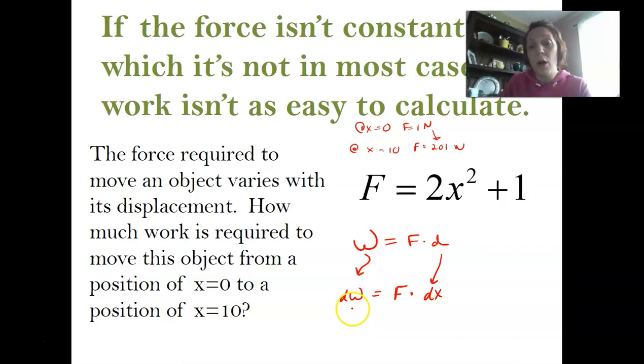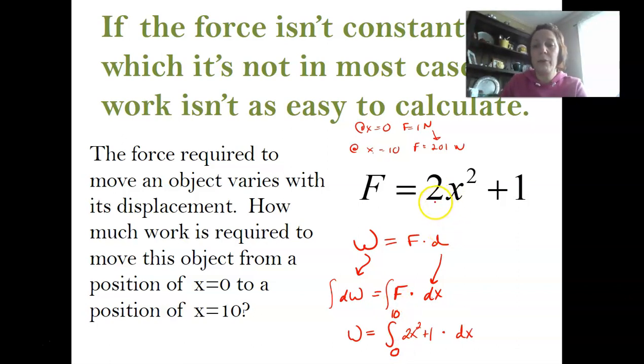So if I want all of the work, I can just integrate both sides. So work will be the integral of the force, which in this case is 2x squared plus 1, times the tiny displacement, or dx. And then our limits of integration come from our displacement. Remember, this integral is written in terms of x, which represents displacement. So our limits will be these values of x, from a displacement of 0 to a displacement of 10.